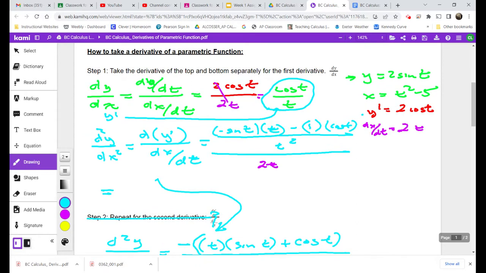Now, what messes everybody up is this part right here. It's really a formula piece that you need to look at, and I believe it's on page 544.